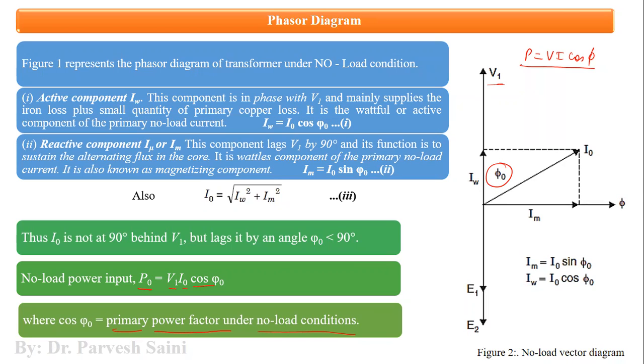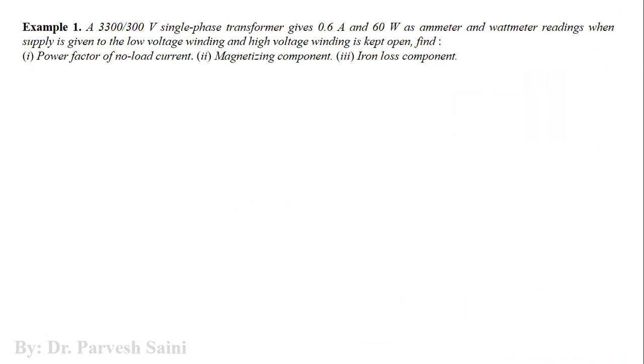So now let us see a few numericals related to this concept of the transformer. The first example here is a 3300 to 300 volt single phase transformer that gives 0.6 ampere and 60 watt as ammeter and wattmeter readings when supply is given to the low voltage winding and the high voltage winding is kept open.